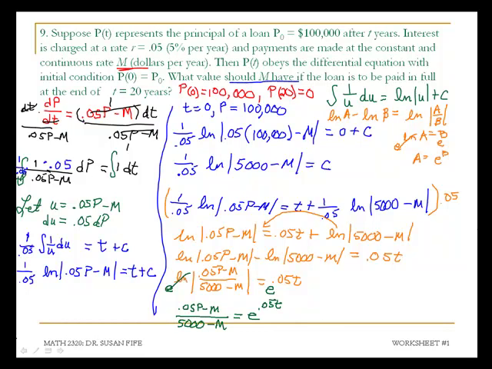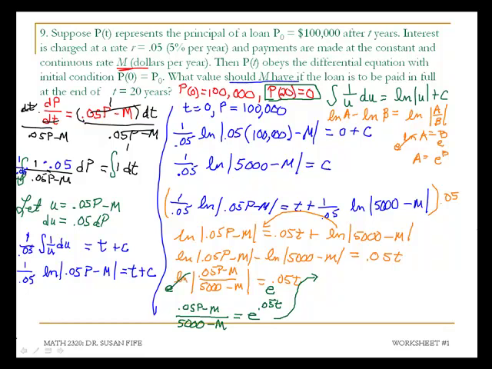Okay, now let me substitute in so I can solve for m. Here I want to substitute in the fact that P(20) is equal to 0. That says that when t is 20, P is 0. Substituting in gives me the equation.